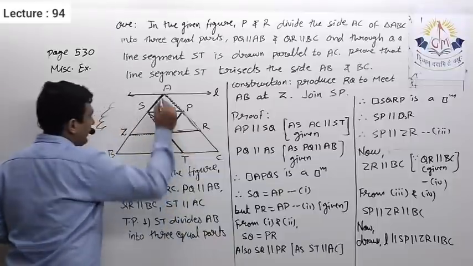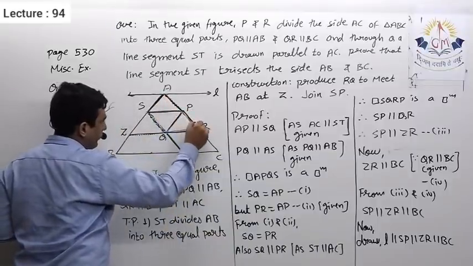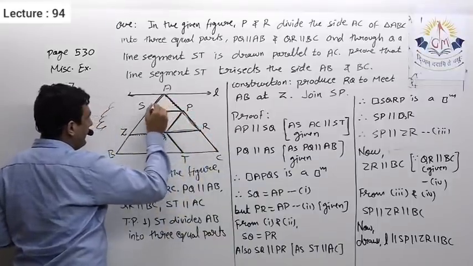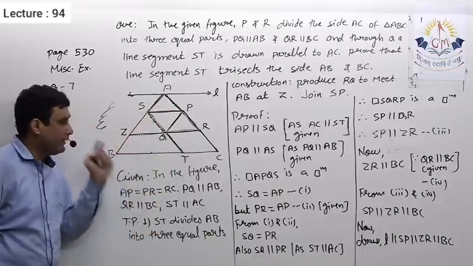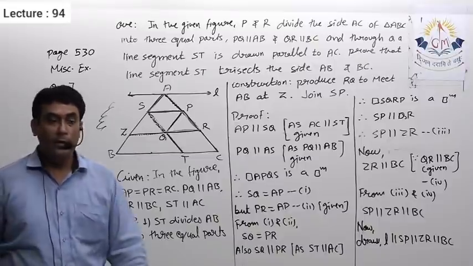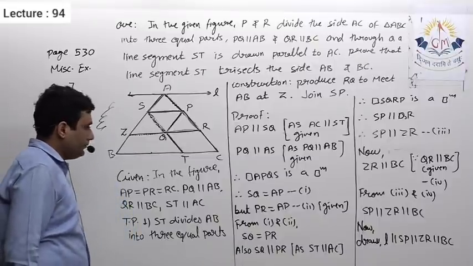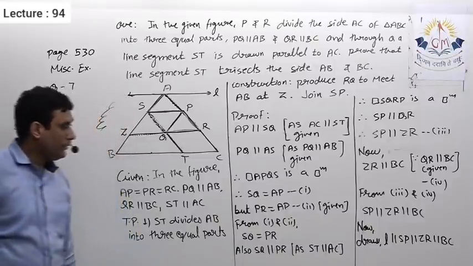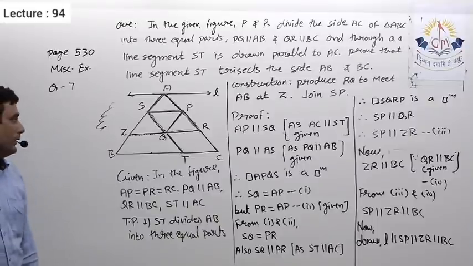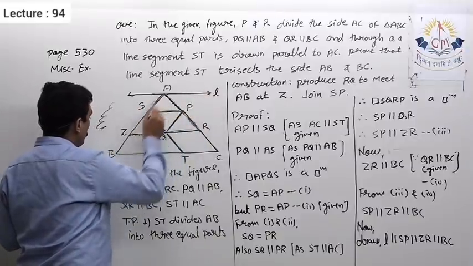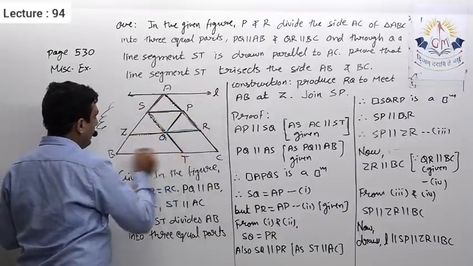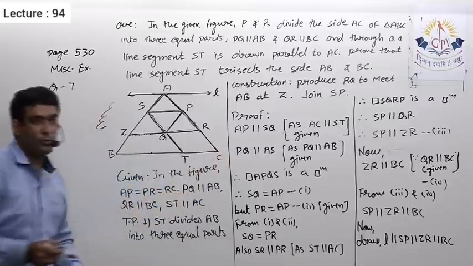So now you can say we have AP equal to PR equal to RC, and these four lines are parallel, so AS equal to SZ equal to ZB by the intercept theorem. Note it down up to this point, then I will give you the remaining solution. The part that I am proving, S trisects AB, E trisects BC, you have to do on your own.